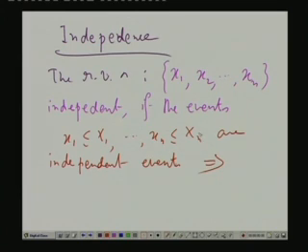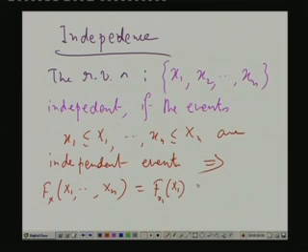The joint probability of these events together, which is nothing but the distribution, will be the probability of x1 less than or equal to capital X1 multiplied by the probability of x2 less than or equal to capital X2, and so on.